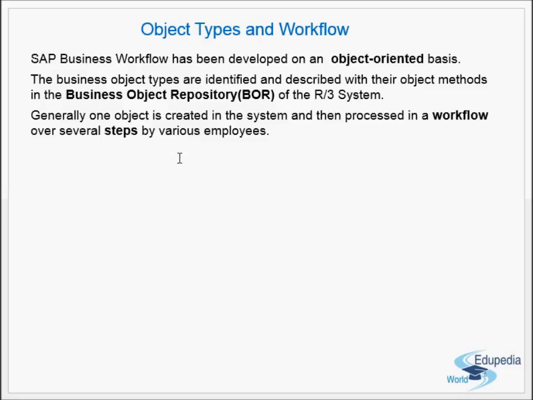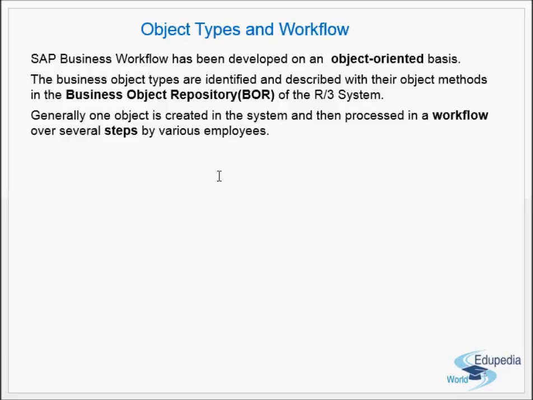Then the workflow is based on an object-oriented model. Here we discussed the term business object repository, and in a workflow, one object is processed at several steps by different agents.